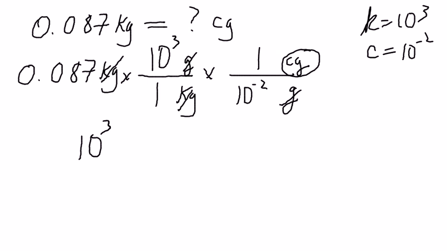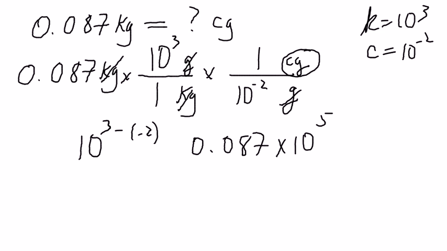Thinking about how powers of 10 work, when we divide powers of 10, we subtract. 10 to the third minus a negative 2 becomes 3 plus 2. So our answer so far, it's not quite our final answer, is going to be 0.087 times 10 to the positive 5. To write this in scientific notation, we want to move the decimal 2 places to the right.